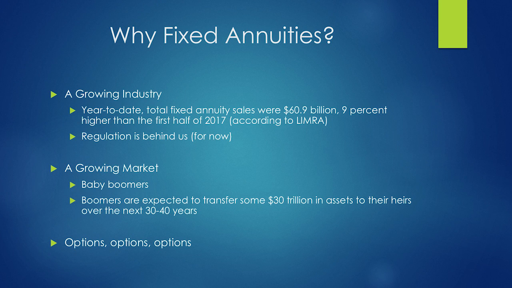About 30 years ago, most private employers changed from pensions to 401ks. So now these people have been saving 25, 30 years in a 401k, and they have this pile of money, usually $100,000 to $500,000, and they don't know how to use it to generate a retirement income. And that's where annuities really come in.